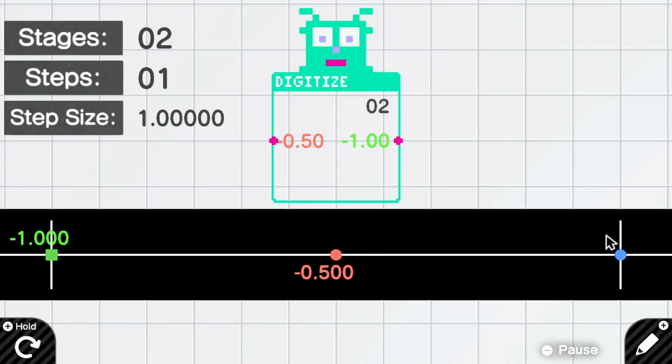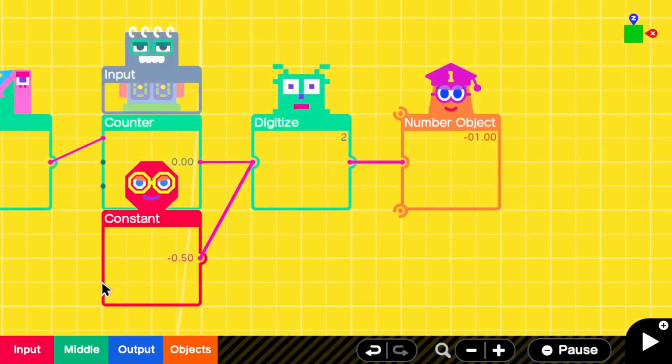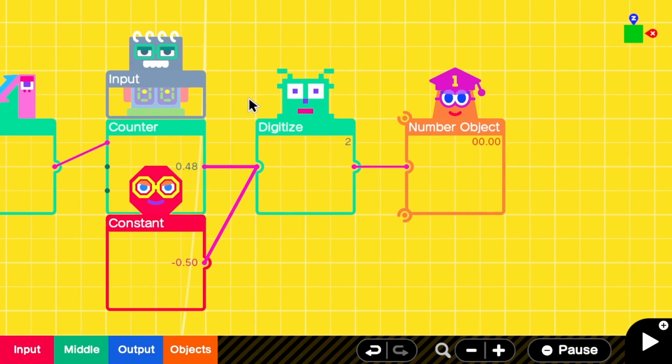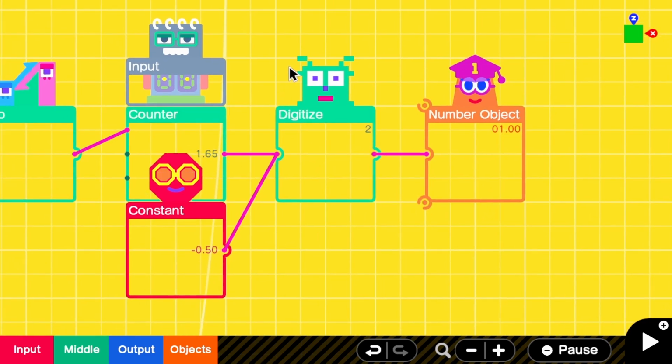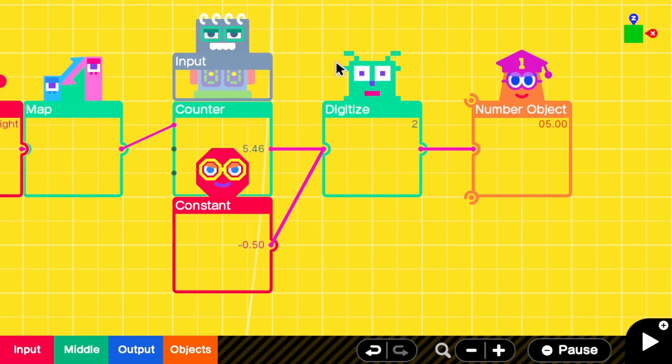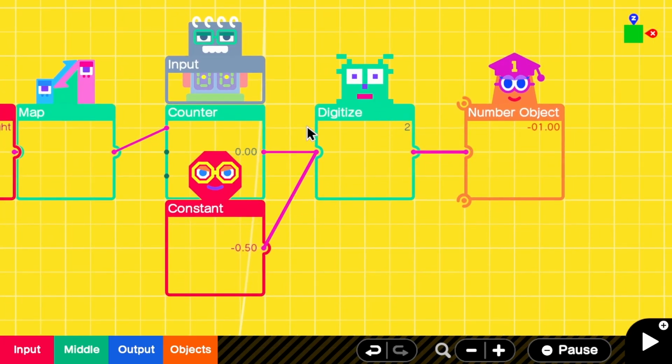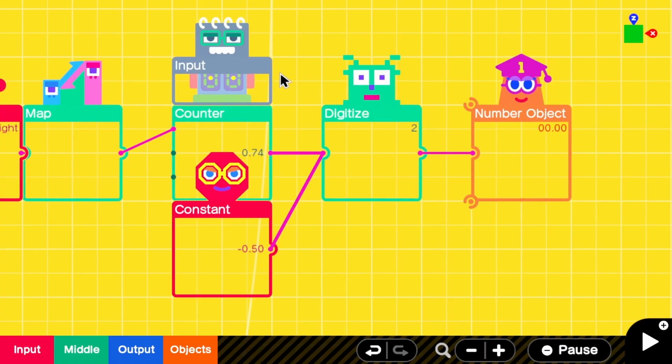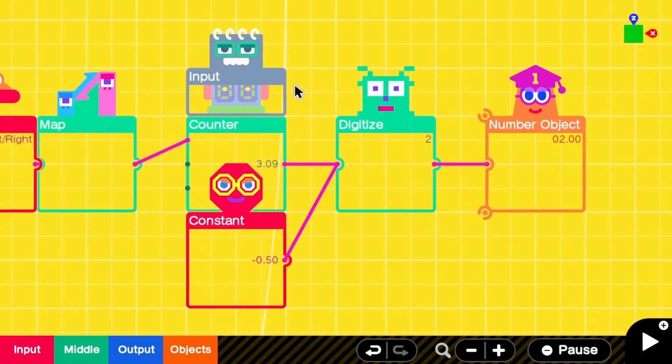Our input is 0, so if we round it down, we expect it to be 0. But because of how the digitize works, the input became negative, and now 0 gives us negative 1. As you can see here, with an input of 0, it becomes negative 1. But for any positive value that's not 0, it works perfectly. So that's one thing you need to keep in mind if you're going to use this. Make sure that your value is always greater than 0.